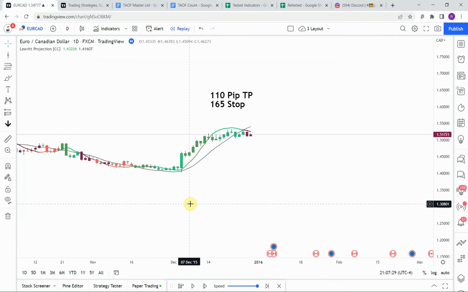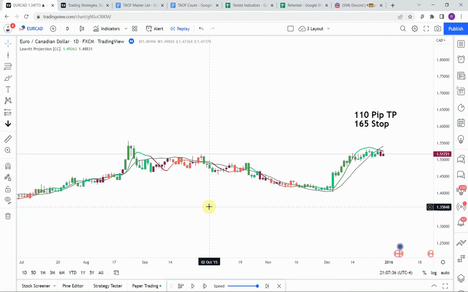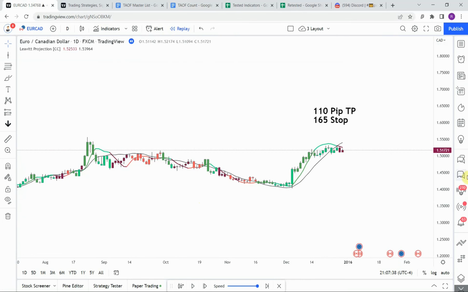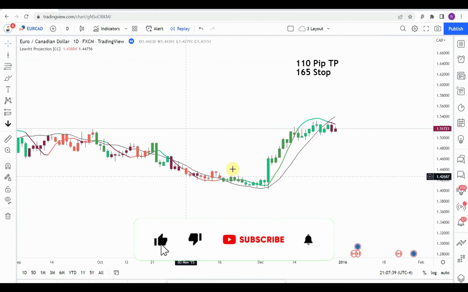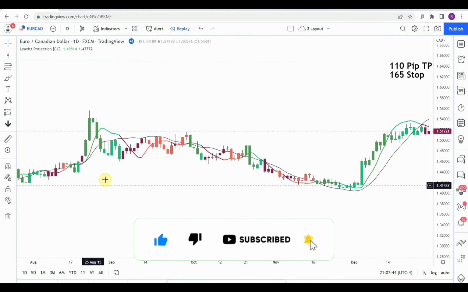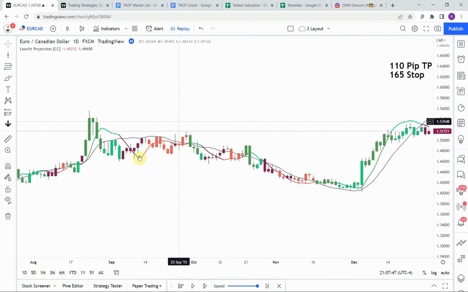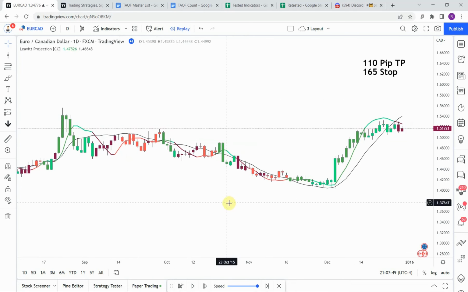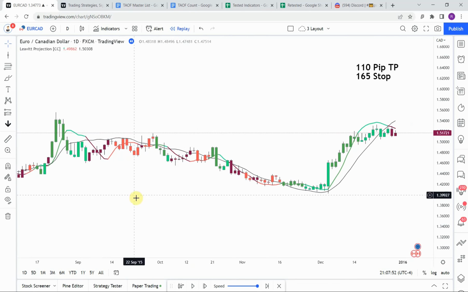Alright, so today's indicator is the Leavitt projection indicator, and you can see it here on screen. So basically we have two oscillating lines, more or less. We have one that's faster than the other one, and typically what we call a signal line.